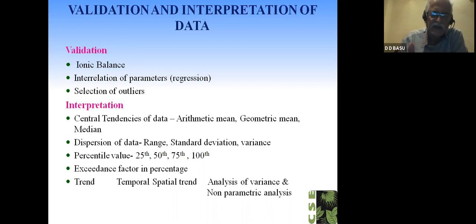You can go for analysis of variance and non-parametric analysis. Exceedance factor in percentage: the standard is the denominator and the observed value is the numerator. If the observed value is more than the standard, then it is a violation, right? Next.